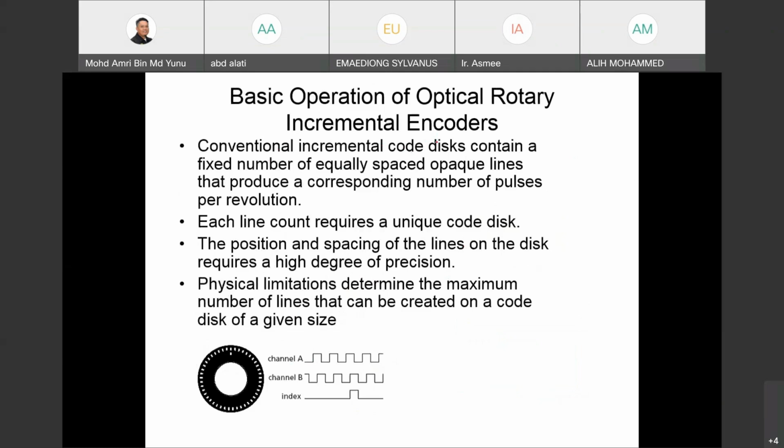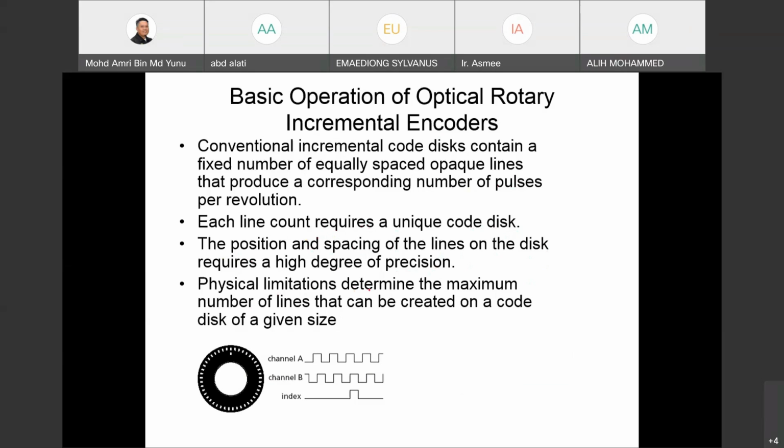Okay, so the basic operation of an optical rotary incremental encoder: it contains a fixed number of equally spaced opaque lines that produce a corresponding number of pulses per revolution. Each line count requires a unique code disk. The position and spacing of the lines on the disk require a high degree of precision.